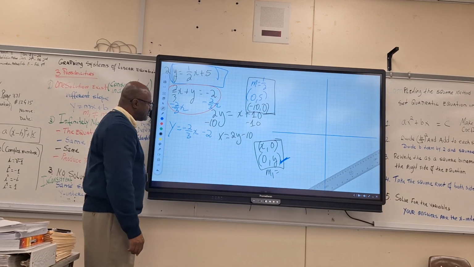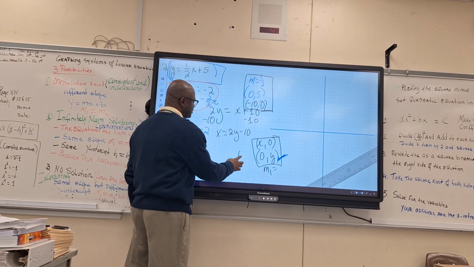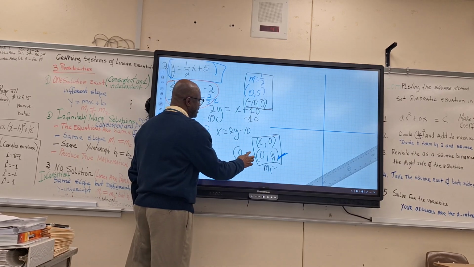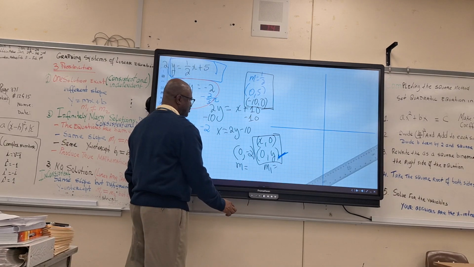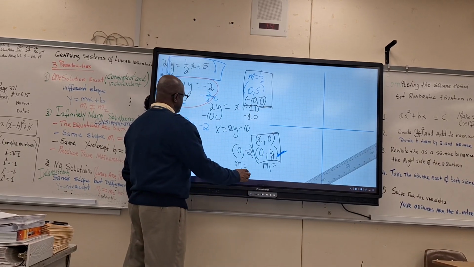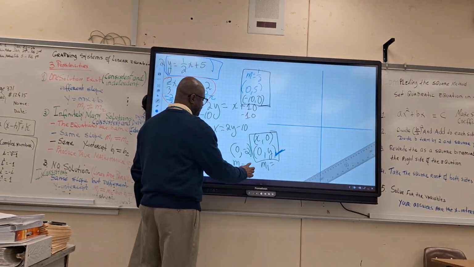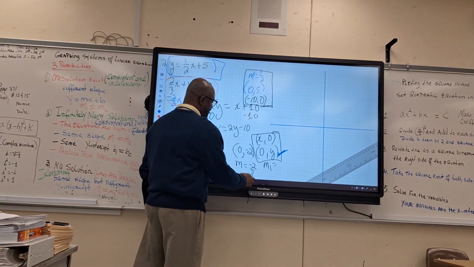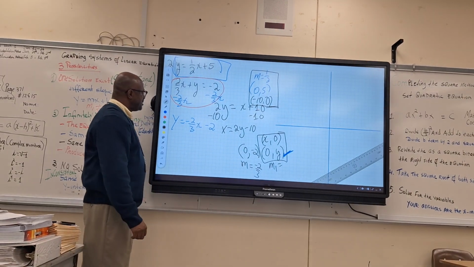Then we should know the y-intercept. What is the y-intercept? (0, negative 2). What is the slope? Be careful. Negative 2/3. Now we have the y-intercept and the slope, we only need the x-intercept.